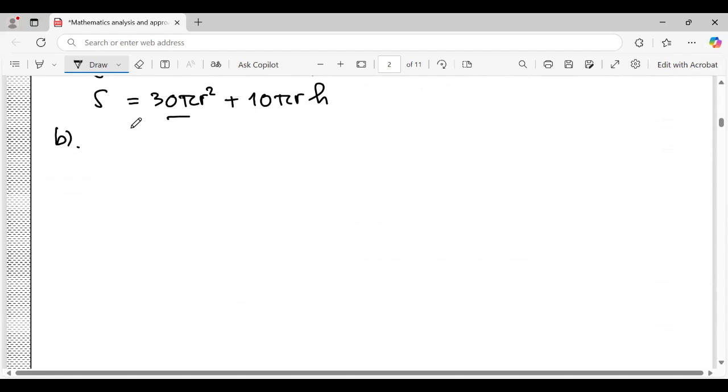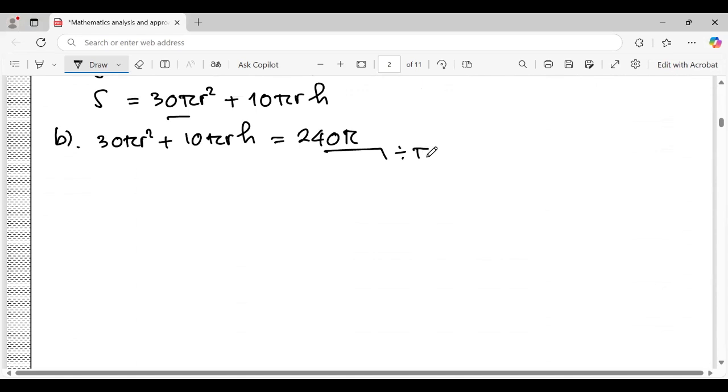So if 30 pi r squared plus 10 pi r h equals 240 pi, we are going to find h first.